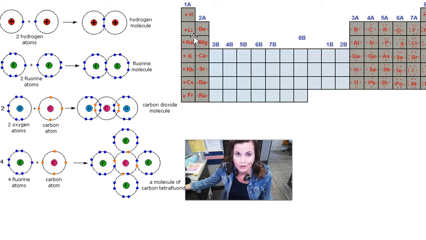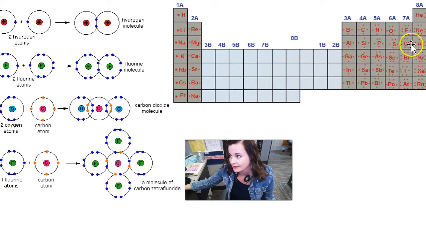It has a positive 1 charge, right? Chlorine has 7 valence electrons, and when it gains 1, it now has a full 8, but now it has a negative 1 charge. So sodium and chlorine stick together because the positive 1 will stick to the negative 1. So the bond that forms there has to do with having opposite charges.